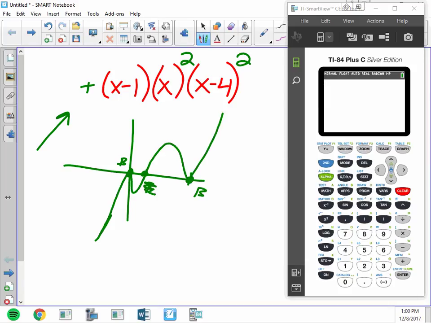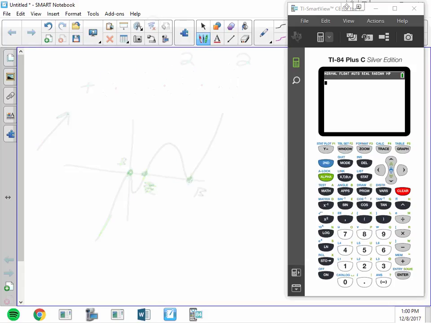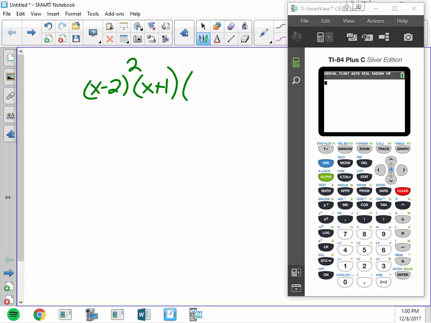Does that make sense? All right. (x - 2)^2, (x + 1), and (x - 3), and let's make it a negative 1/5. What type of graph is this? X to the 4th, so it's a W. Okay.